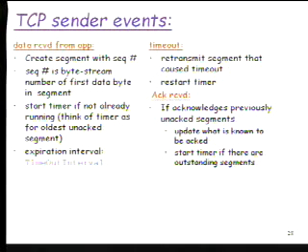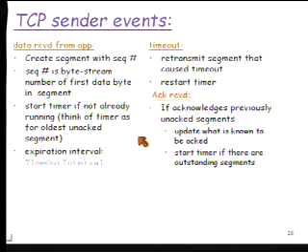So what are the events that can happen at the sender? Again, three events, which we saw in the reliable data transport protocol. You can either receive data from a higher layer, which in the case of TCP is data from the application layer, you can have a timeout, or you can receive an acknowledgement from the network.